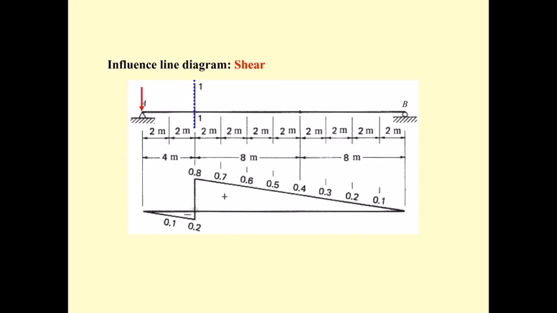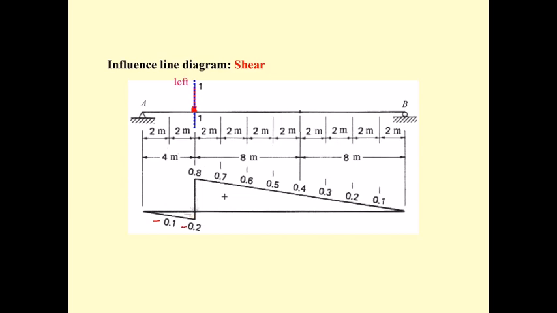If it is here, we're going to find the shear on this section, section 1. When the 1 is here, the shear on this section is 0. When the 1 unit force moves, the shear at this section changes to minus 0.1, and on the left of section 1, it is going to be minus 0.2.